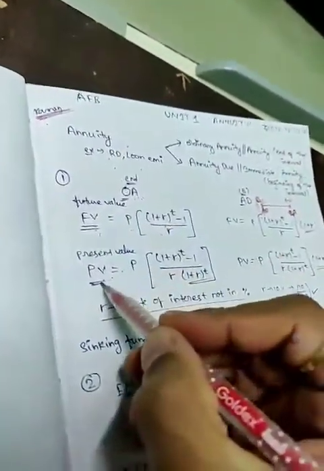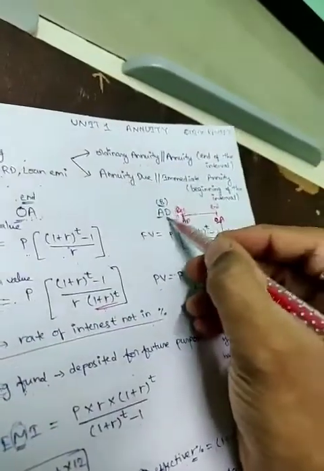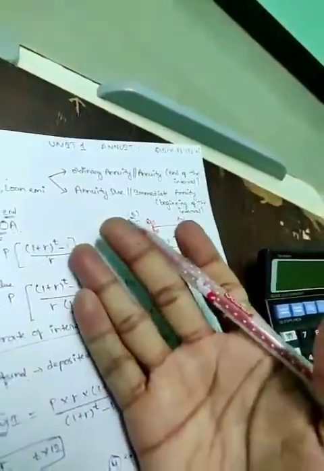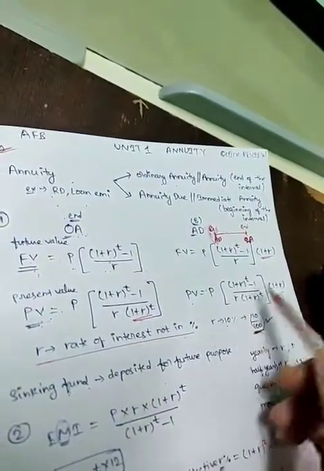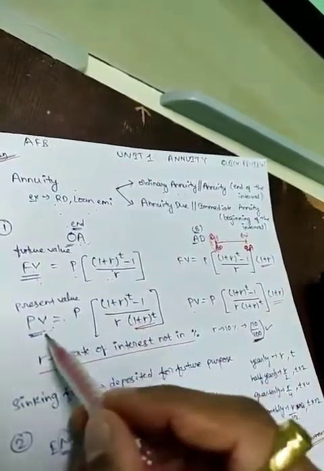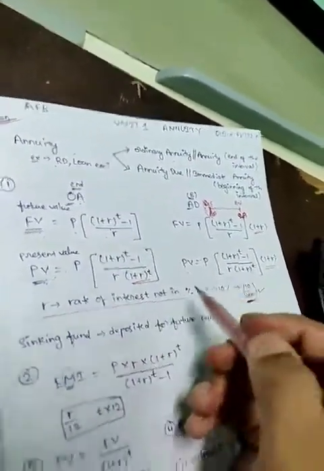To get present value, we simply divide this formula by (1 plus R) whole power T. To get annuity due future value, we multiply this formula by 1 plus R. Annuity due present value we can also get by multiplying the present value formula by 1 plus R.